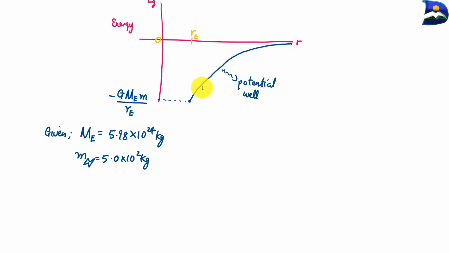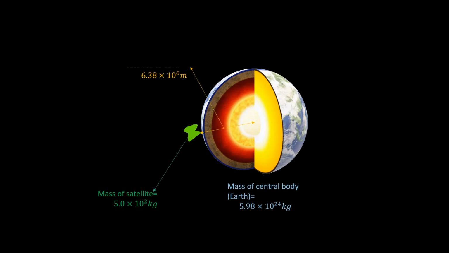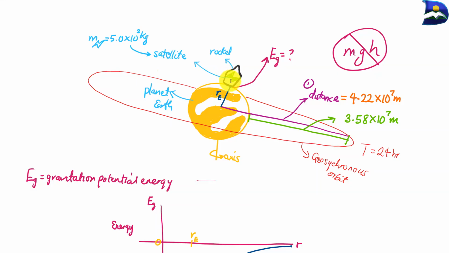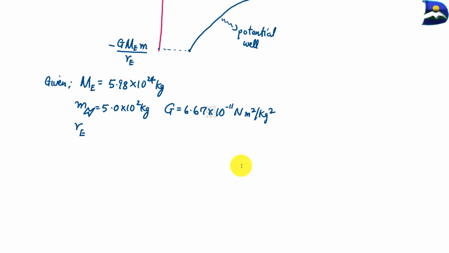Next, we know that the universal gravitational constant is 6.67 times 10 to the negative 11 newton meters squared per kilogram squared. And next is determining the radius of Earth, which is the position where our satellite is located, on Earth's surface. Therefore, this value is equal to 6.38 times 10 to the power of 6 meters.